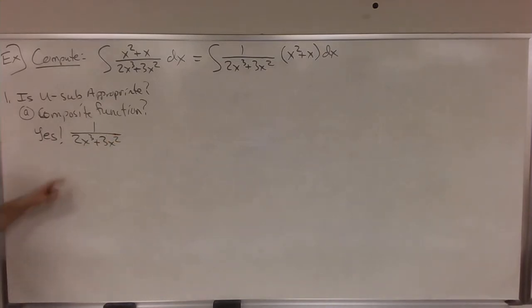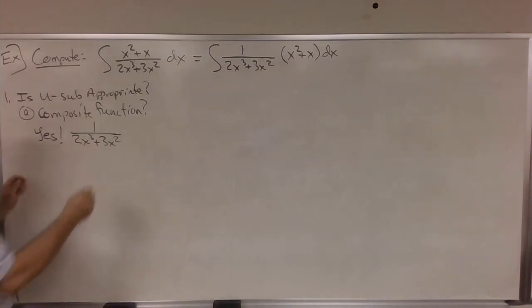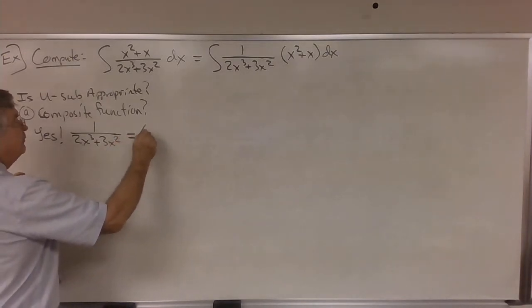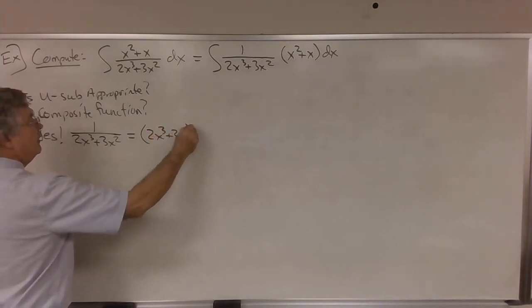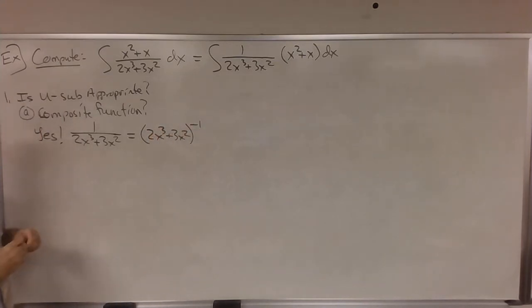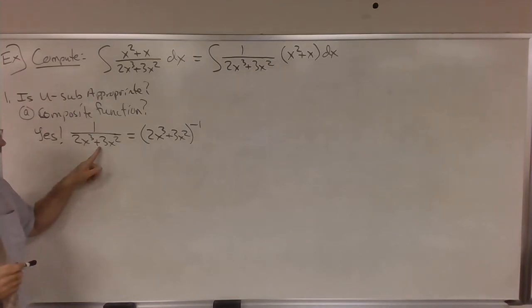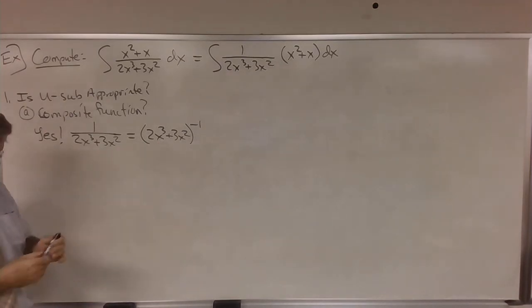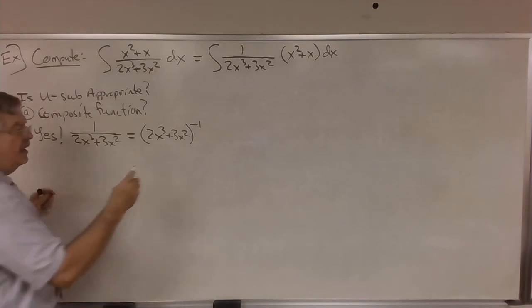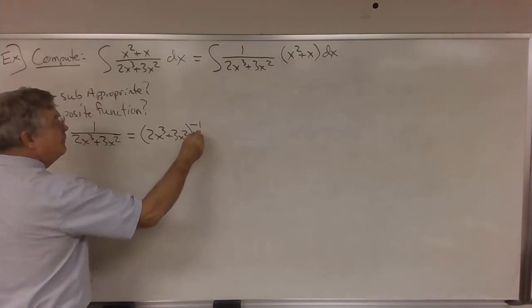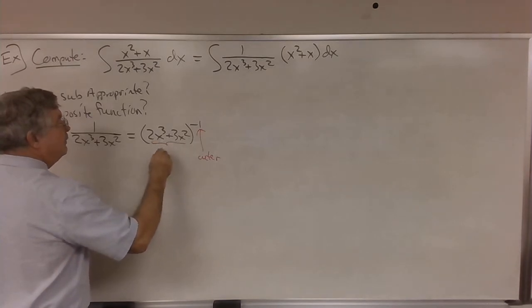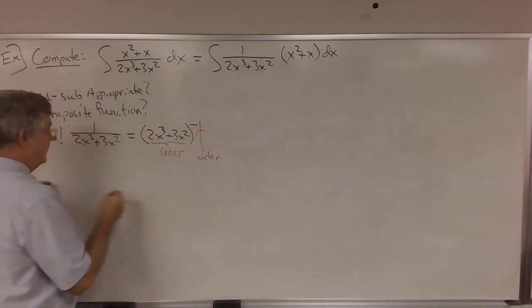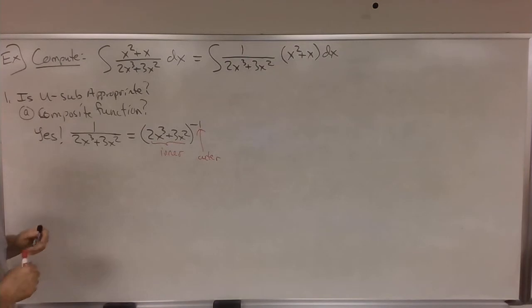Now, why is this a composite function? Because we can rewrite it this way. See, this is a function raised to a power. And this is the outer. And this is the inner. So, yeah.